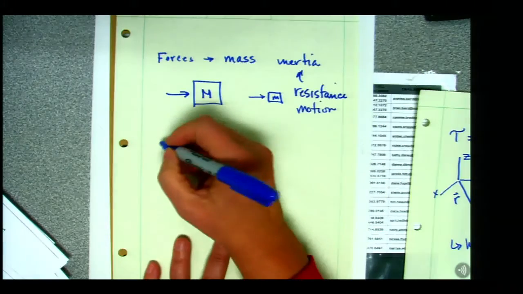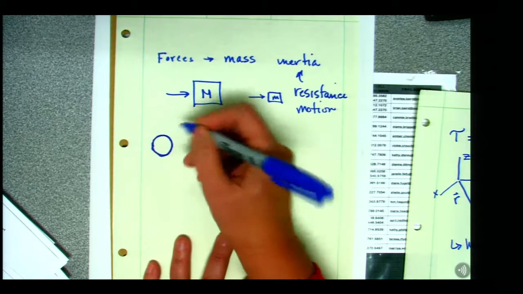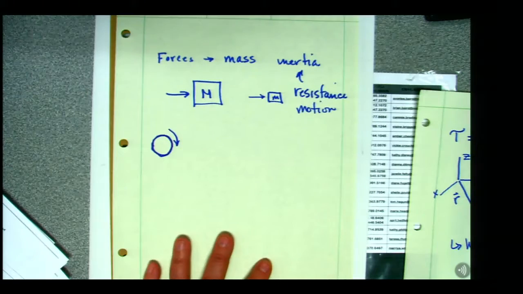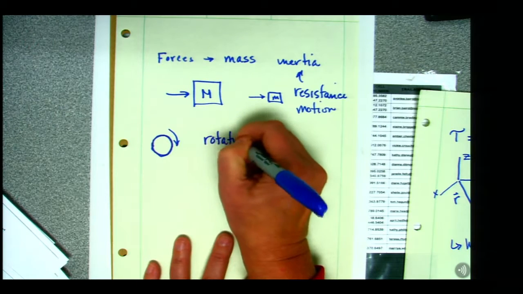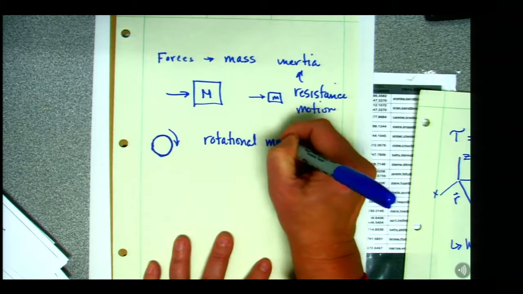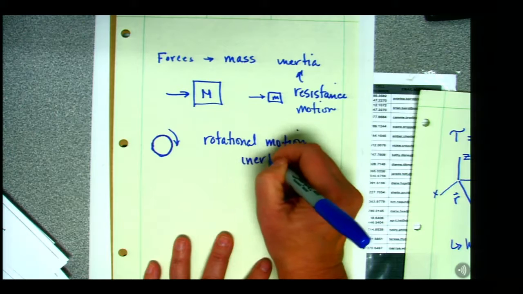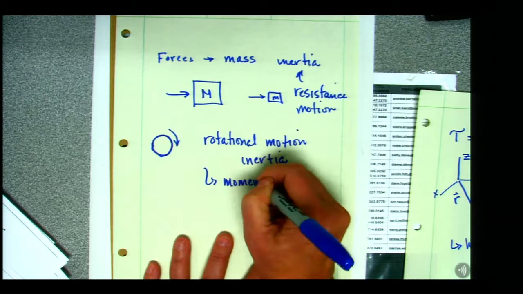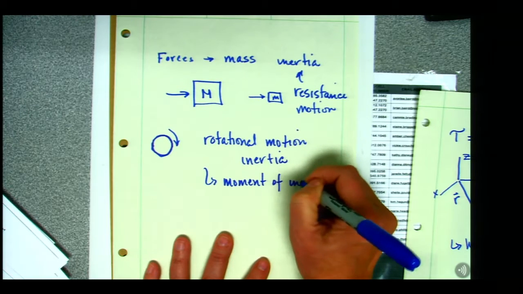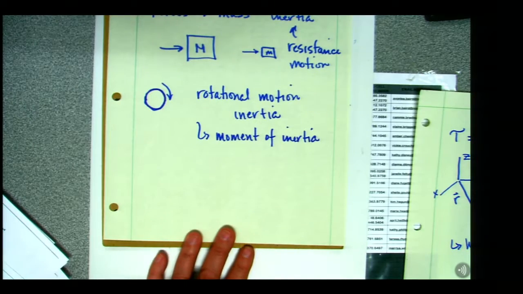Now, when I have things rotating, like a bicycle wheel, it's harder to stop when it's rotating. In rotational motion I still have inertia, but now we worry about something called the moment of inertia.